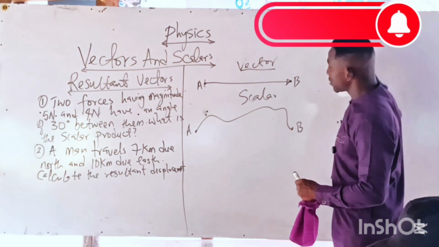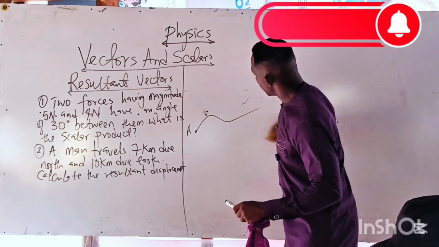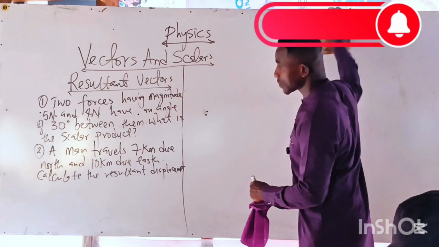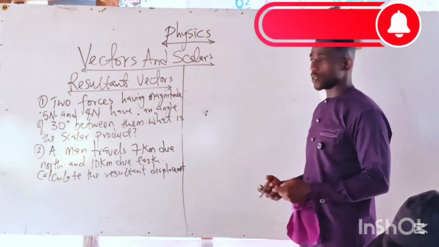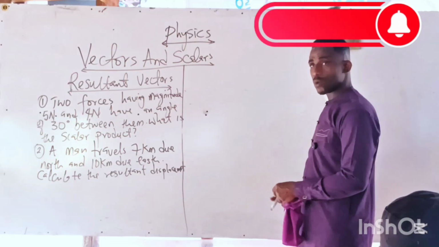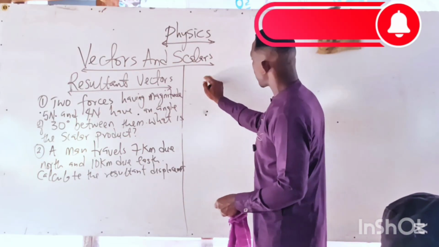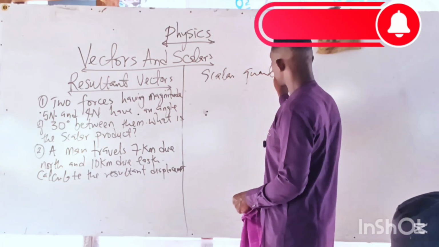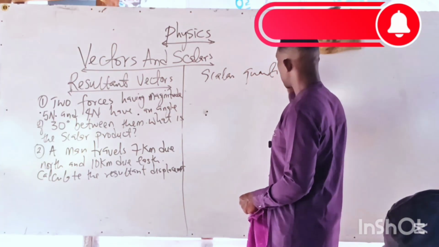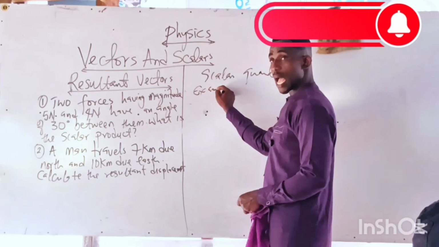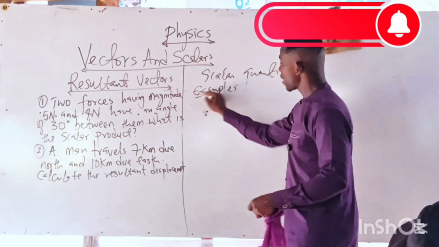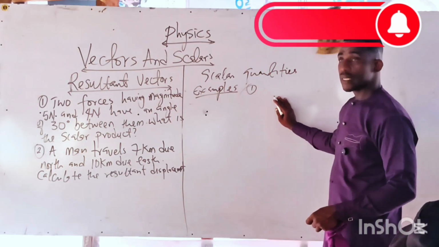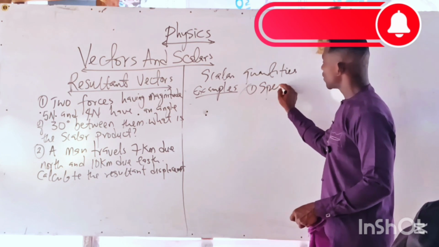Good. Let's look at examples of scalar quantities. Examples are: one, speed.